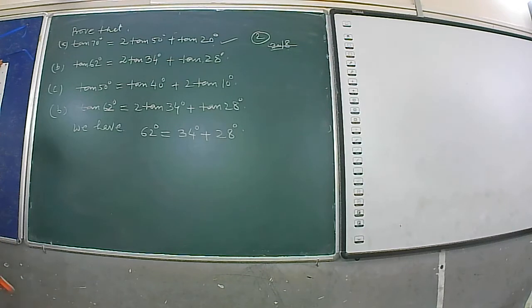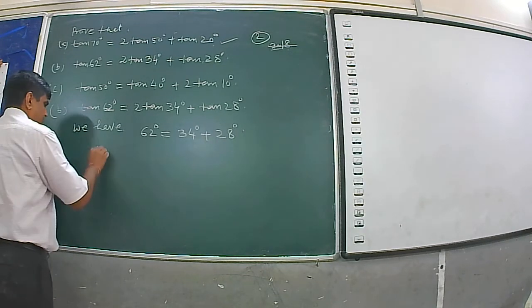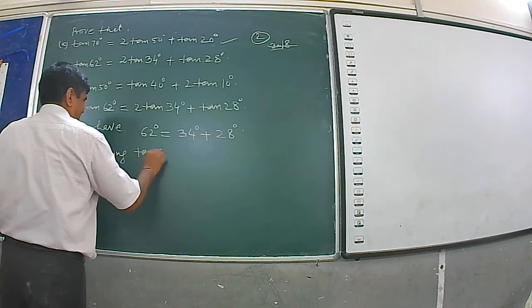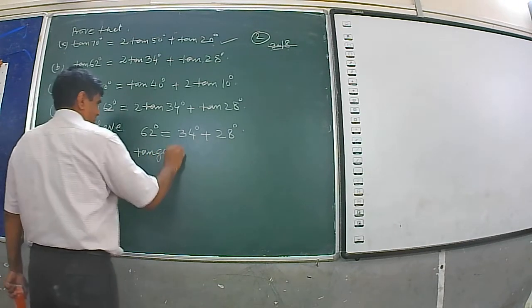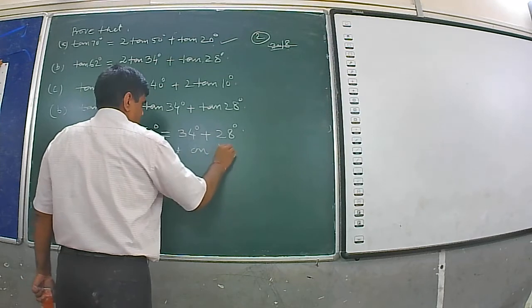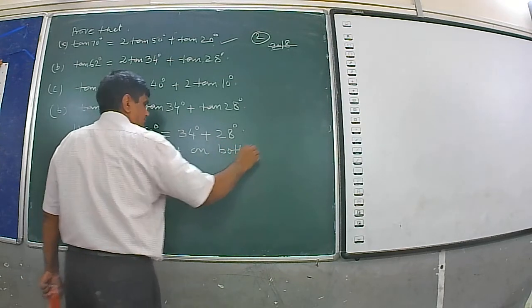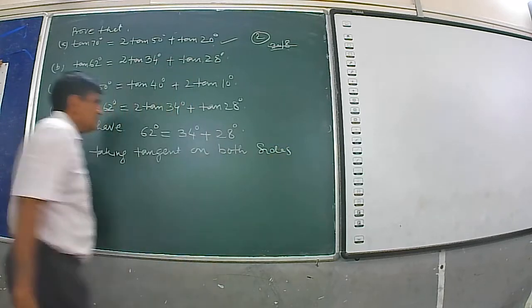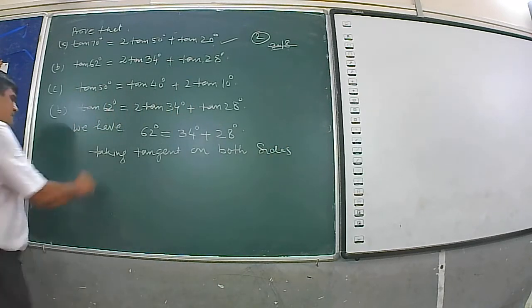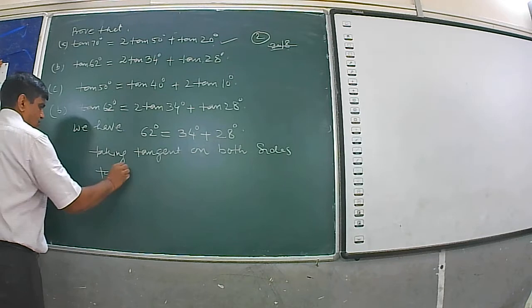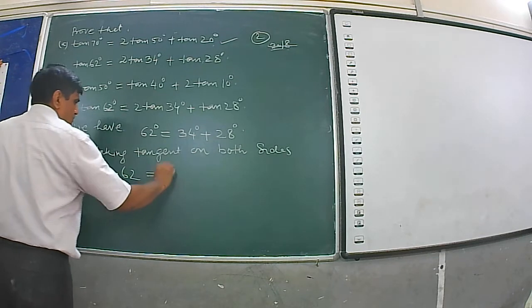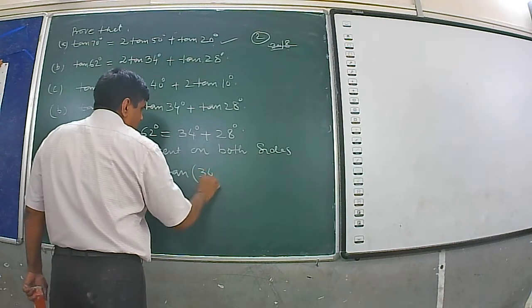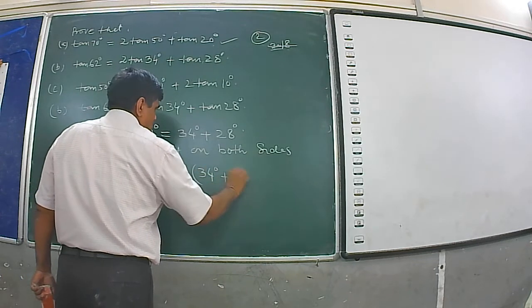Taking tangent on both sides, tan 62 is equal to tan(34 plus 28).